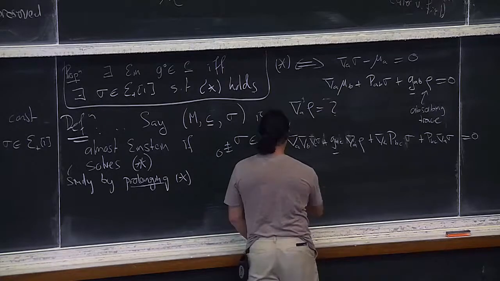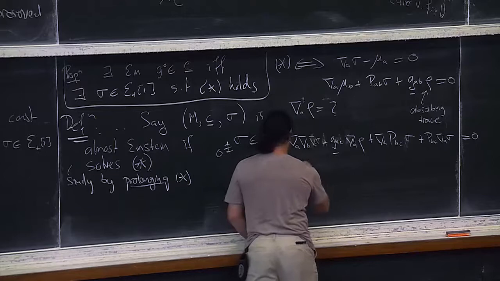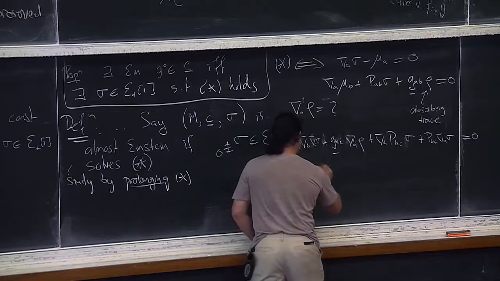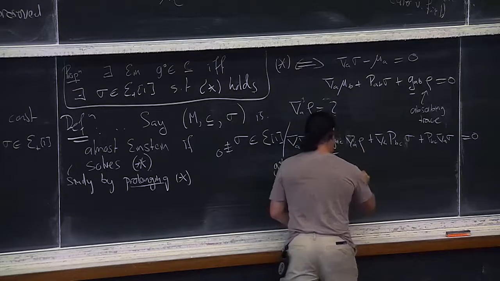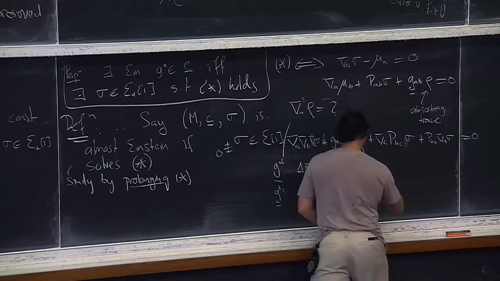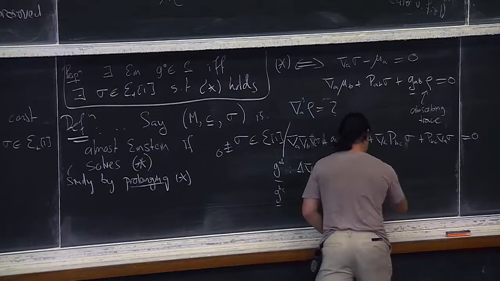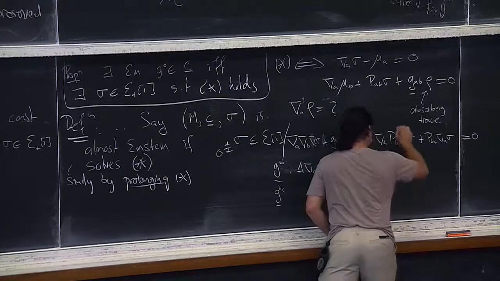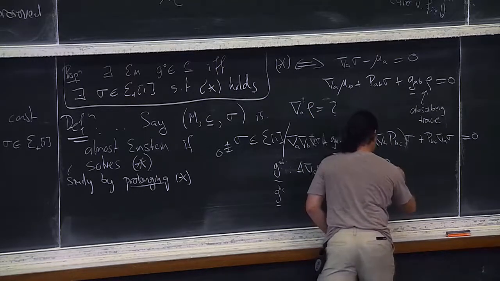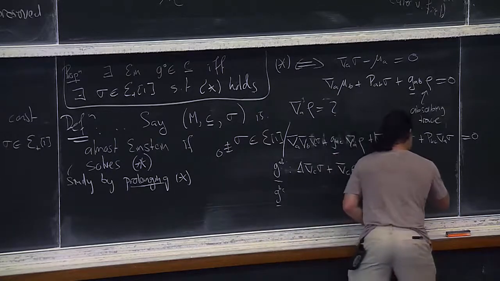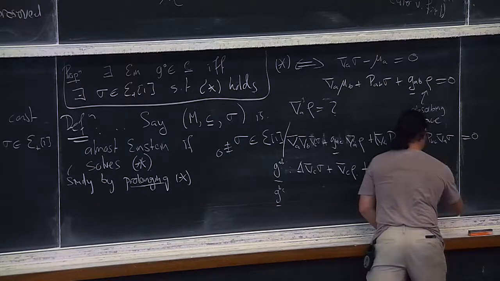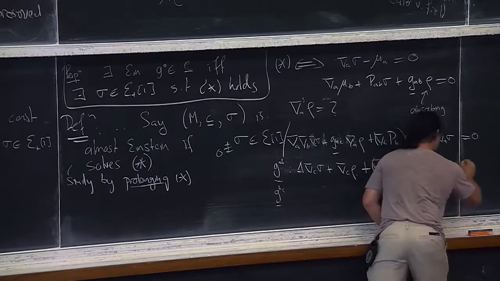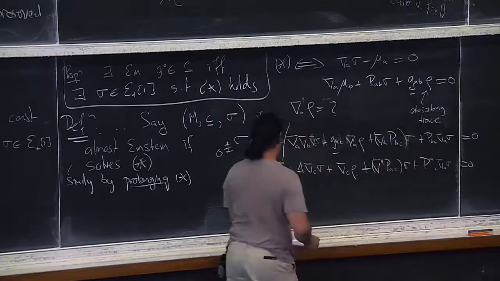Okay, so when you do this, we're going to get a Laplacian grad C sigma plus grad C rho plus a divergence of the Schouten, by the way, that's just on the Schouten, plus J grad C sigma. So that's one equation.